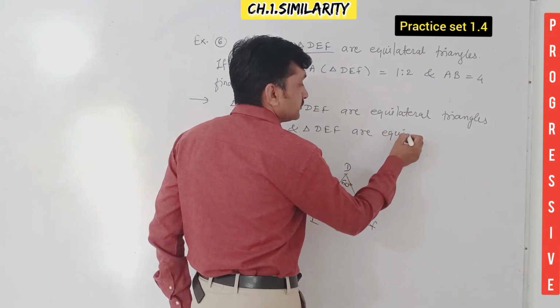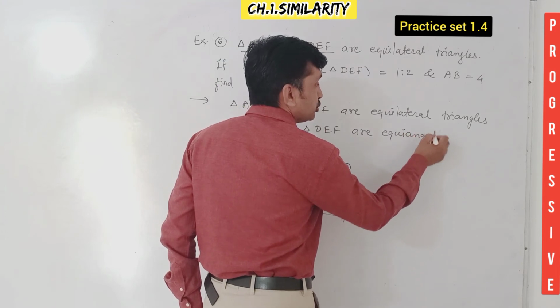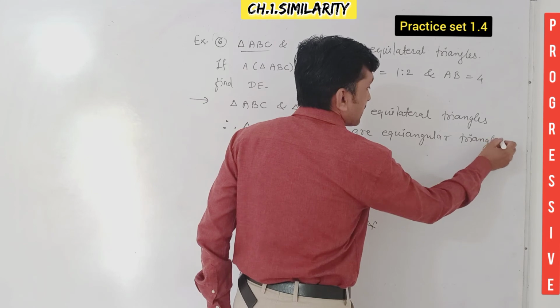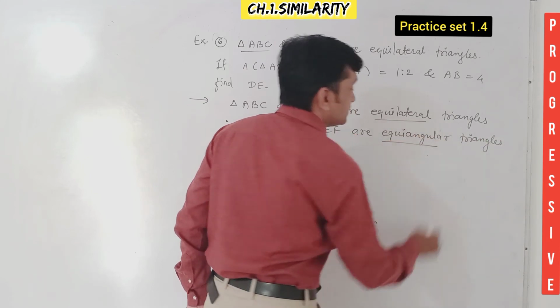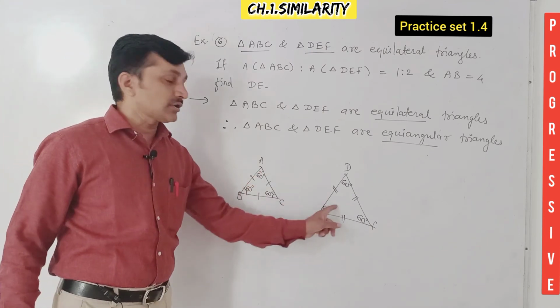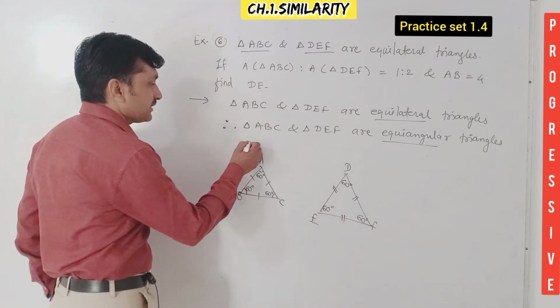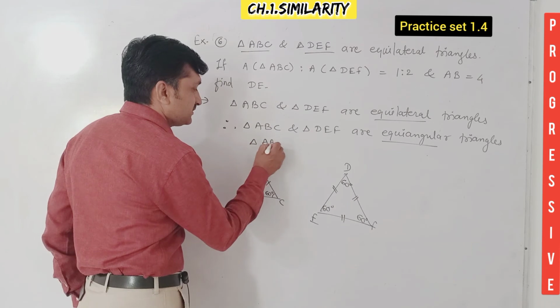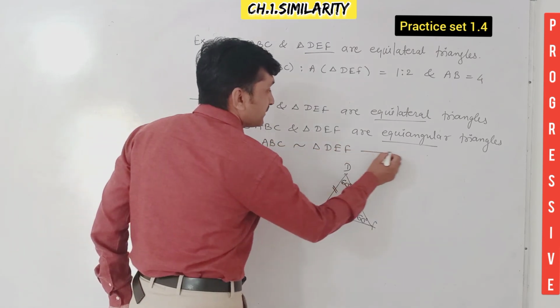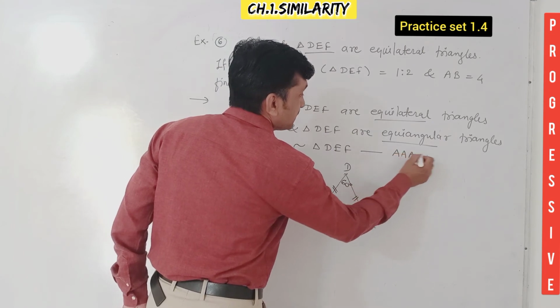Here we can write, therefore triangle ABC and triangle DEF are equiangular triangles. If triangles are equilateral, these are equiangular also, and if these are equiangular, triangles are similar. Therefore we can write triangle ABC is similar to triangle DEF by which test? By AAA test.